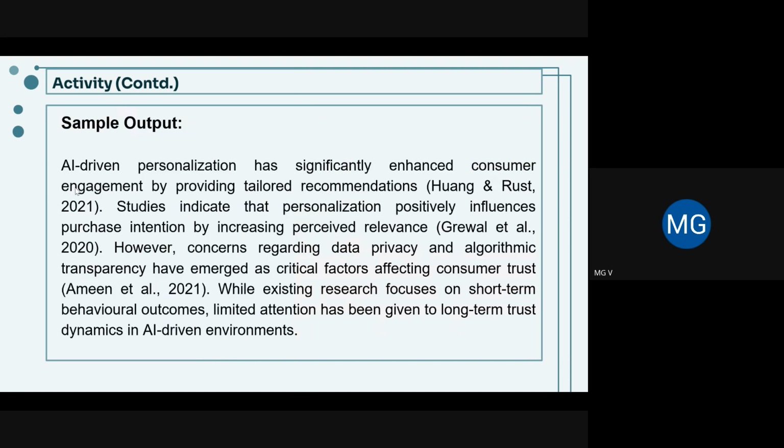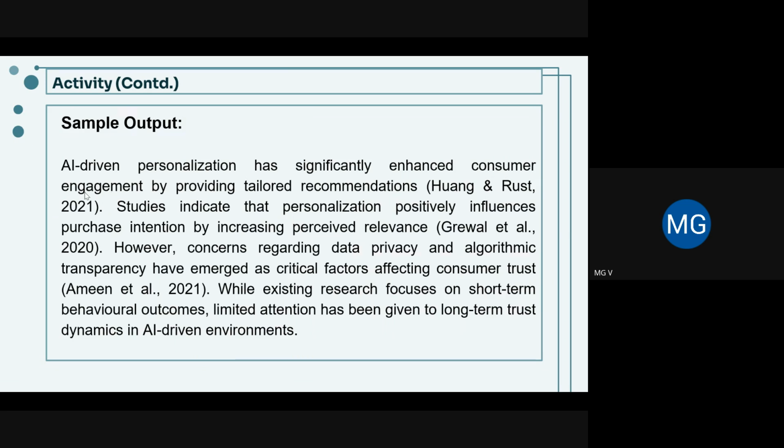So the sample output is: AI-driven personalization has significantly enhanced consumer engagement by providing tailored recommendations. Now see here we have cited. Studies indicate that personalization positively influences purchase intention by increasing perceived relevance. Again, on what basis? Citation.